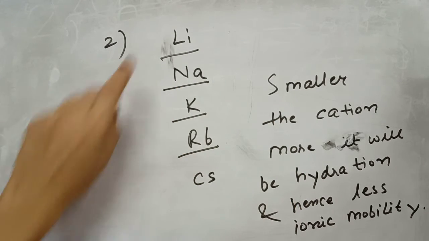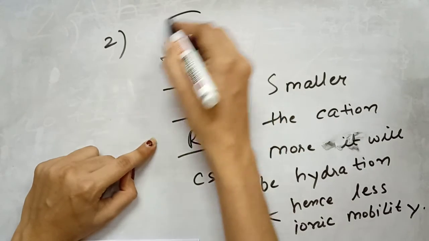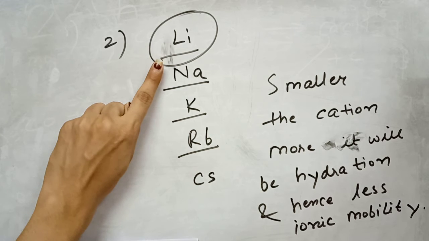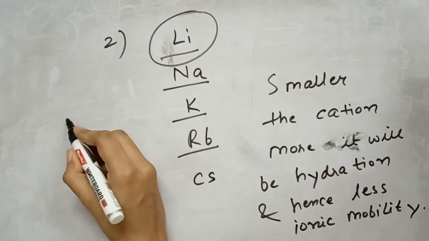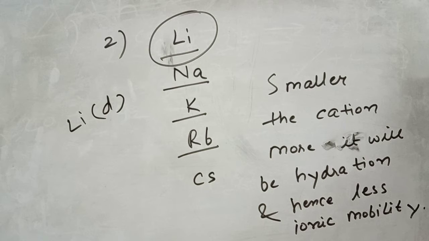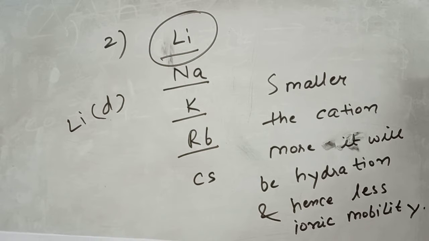If you're moving from top to bottom, lithium is the one with the smallest size. That means it will be more easily hydrated, and hence it will have less ionic mobility, with the point I've written down here. That means lithium, which is D, is the correct option.